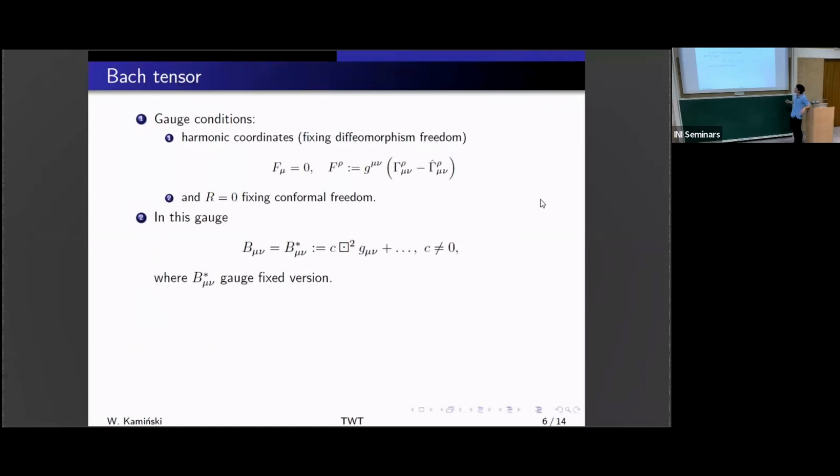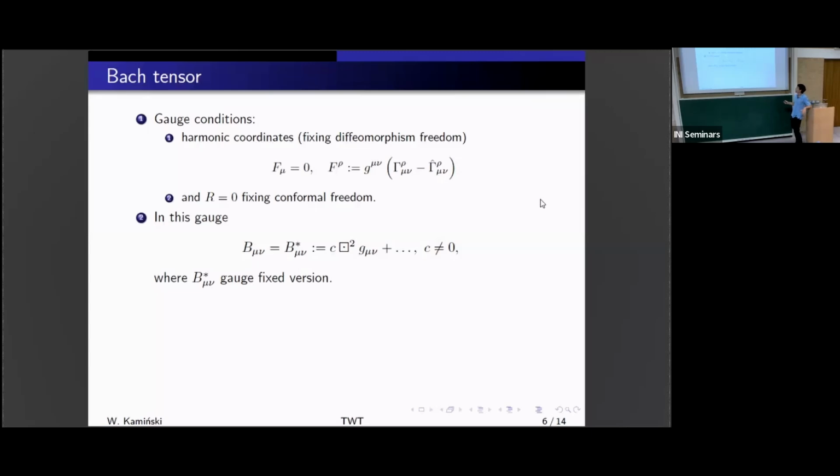Okay. So one needs to impose some gauge conditions, and so the natural choice, I don't know who invented it, but I think maybe Anderson or Wojciech. One of the choices would be, like in the Choquet-Bruhat method, that we impose harmonic gauge.